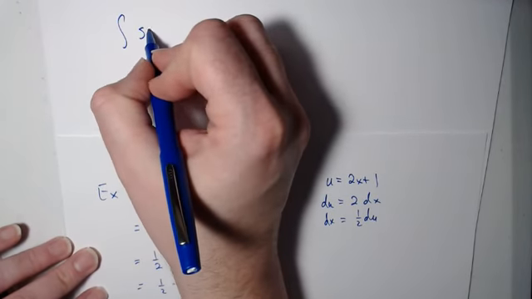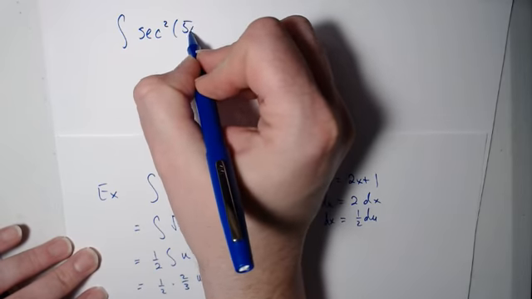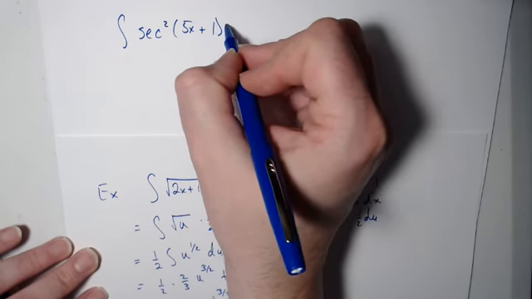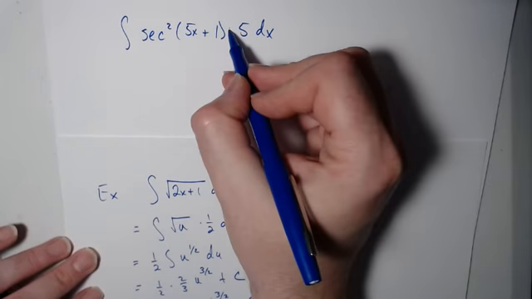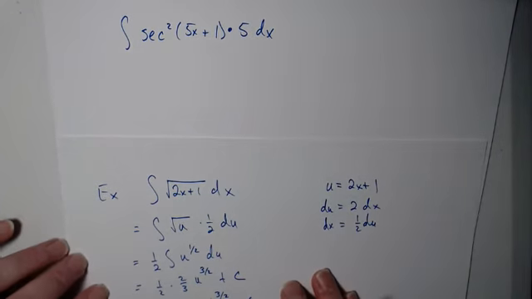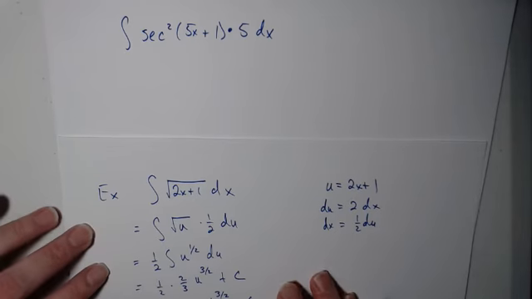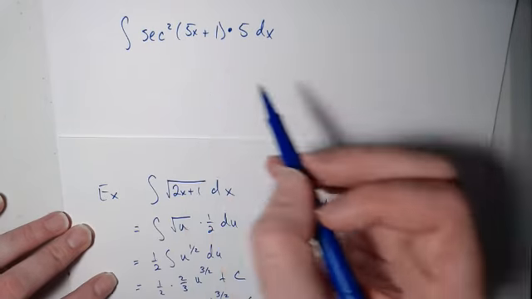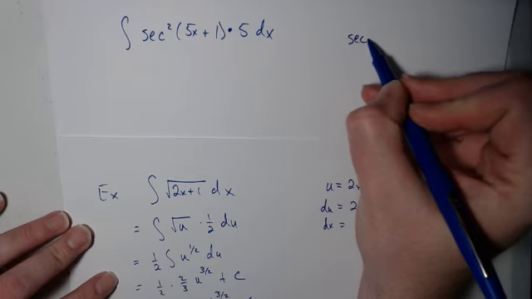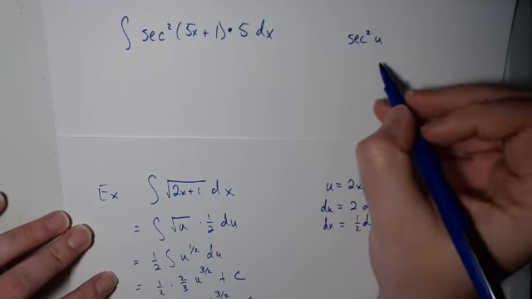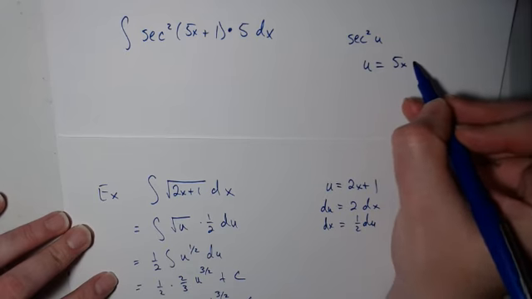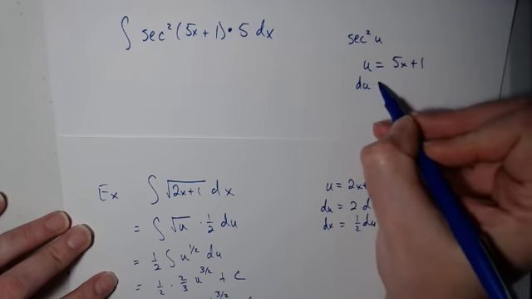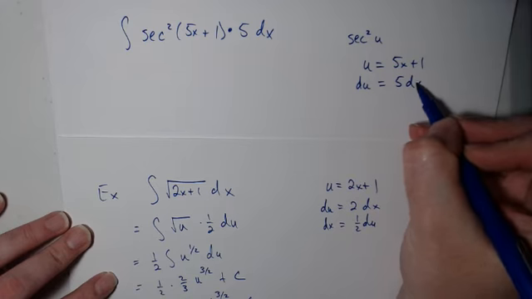Antiderivative of secant squared of 5x plus 1 times 5 dx. It's not a colon, that's a dot that got away from me. So we know the antiderivative of secant squared u. So it makes sense to let u be 5x plus 1. Then du is just 5 dx.